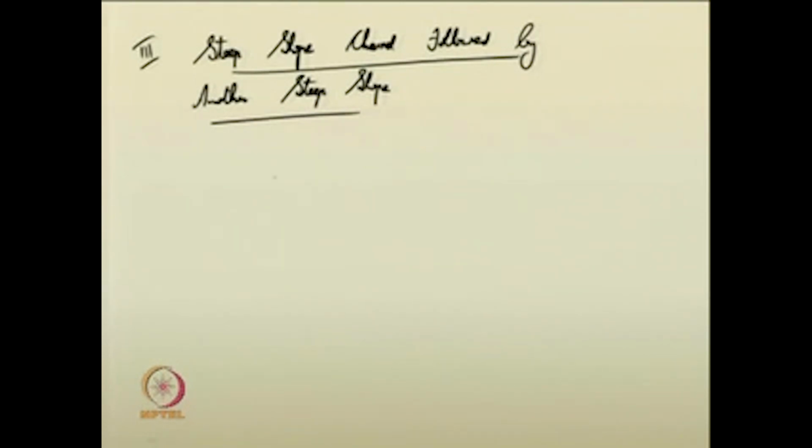You can again think of that, a steep slope channel followed by another steep slope channel. So, this is having bed slopes S 01, S 02, both are steep slope channels. How can the flow profiles be?